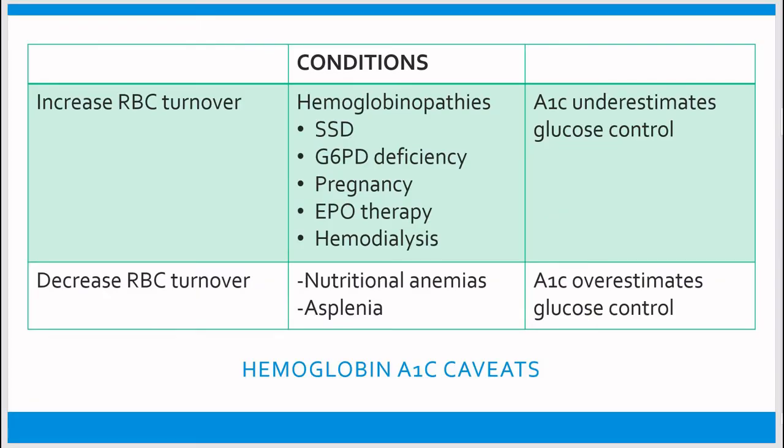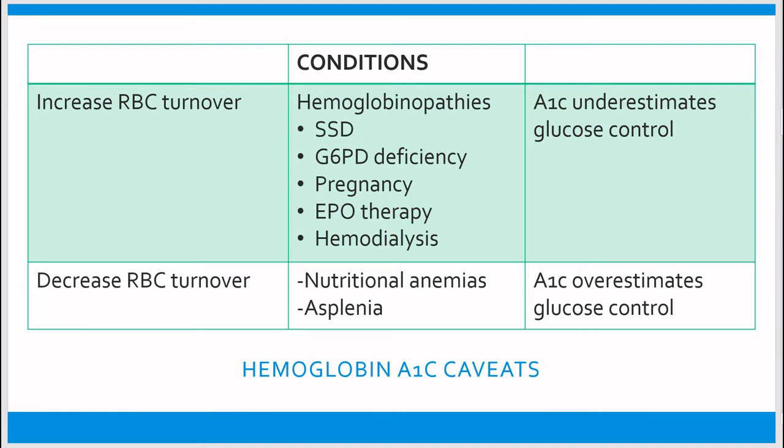Using hemoglobin A1C has some caveats. A1C itself can be affected by increased RBC turnover or decreased RBC turnover. Conditions that increase RBC turnover include sickle cell disease, G6PD deficiency, pregnancy, EPO therapy, and hemodialysis.